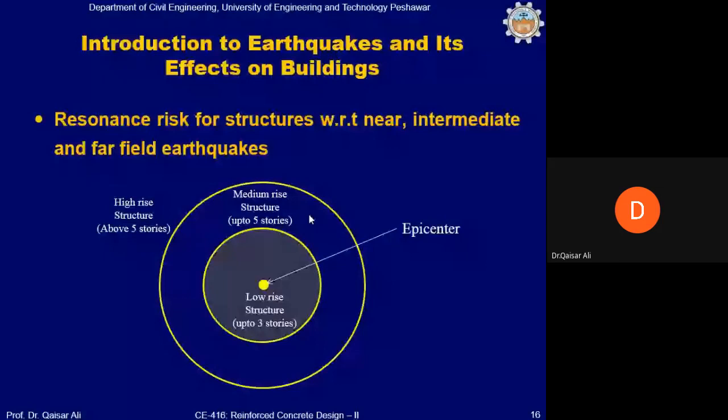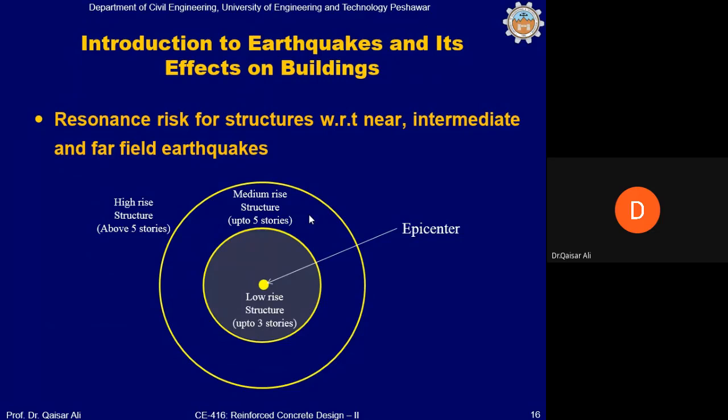So low-rise structures up to 3 stories would have time period from, let's say, 0.1 to 0.3 seconds. And you know that the earthquake waves time period within the near field region will also vary from 0.05 to 0.3 seconds. So the probability of occurrence of resonance will be very high for low rise structures if they are located in the near field region, as compared to the structures which are higher than 3 stories.